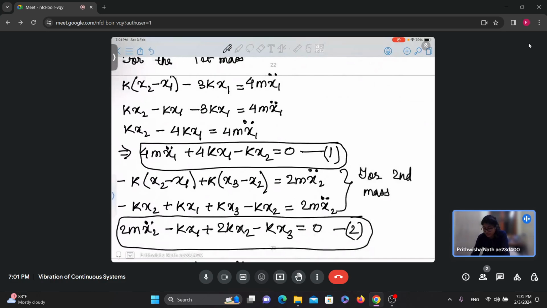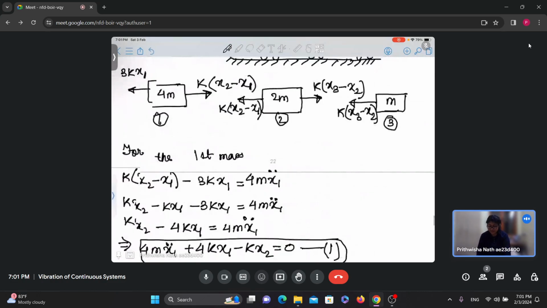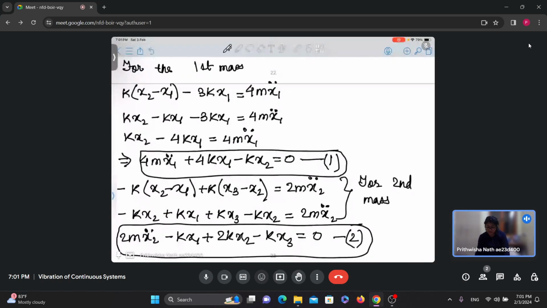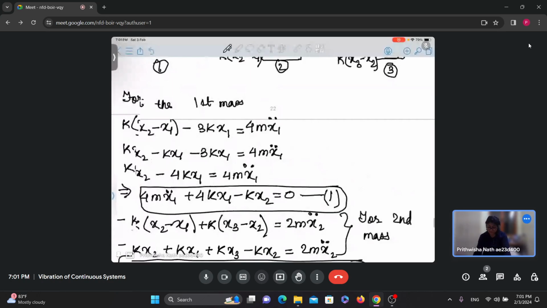Now going to the free body diagram, we can see that a force of k(x2 minus x1) is acting towards the left, so it should be written as minus of that since it's acting towards the left, and then k(x3 minus x2) is acting towards the right, so plus k(x3 minus x2) equals 2m x2 double dot, 2m because the mass is 2m.